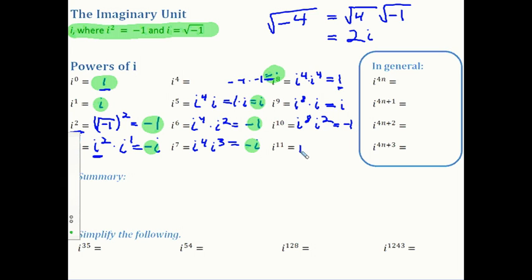And this can be written as i to the 8th times i cubed. i to the 8th is 1. i cubed is negative i, which we see across there again.